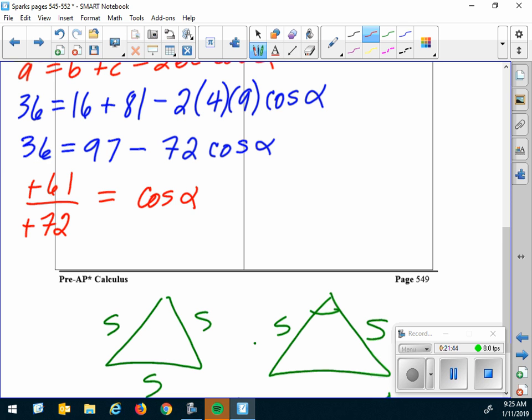Negative divided by a negative is a positive. You can combine two steps like that. You guys are smart enough that that's not an issue. How do I get alpha? Cosine inverse. We're going to cosine inverse both sides. I don't really have room in there. Okay. All right, cosine inverse, do it.